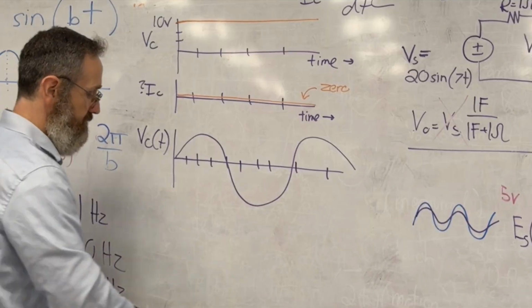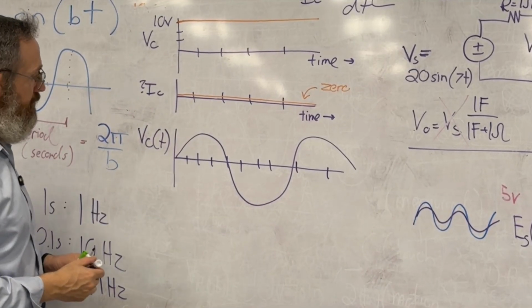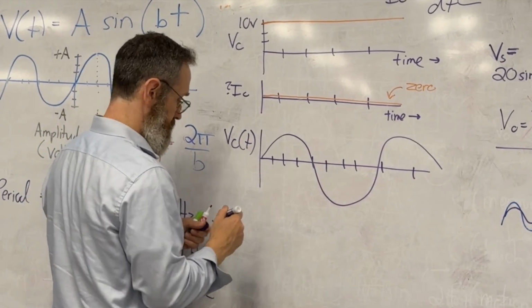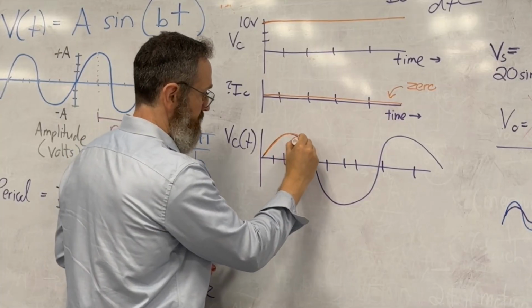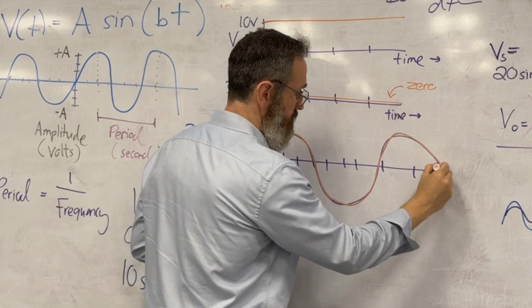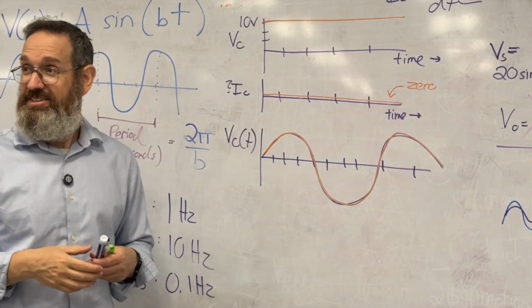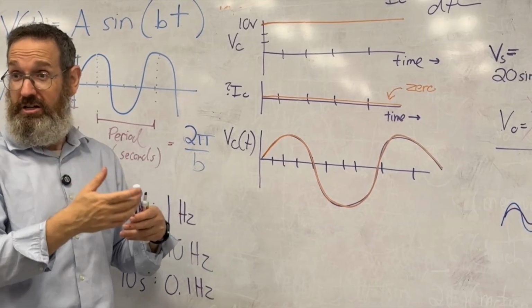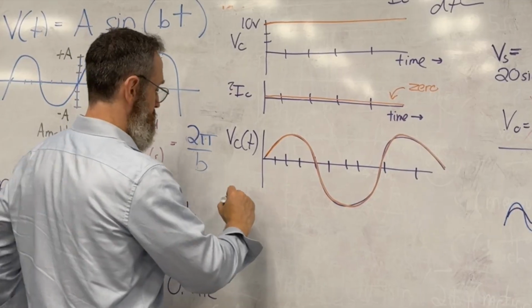And we can ask the question, I'm going to ask the question, what's the current? We're doing, by the way, sinusoidal steady state analysis: sinusoids in, what comes out. And I think you may already see where this is going.